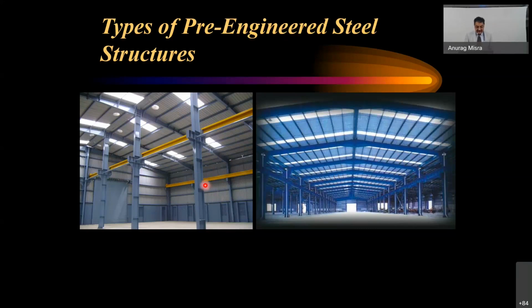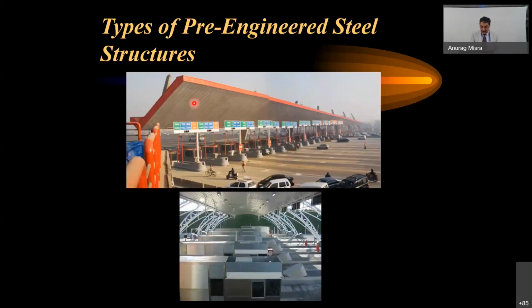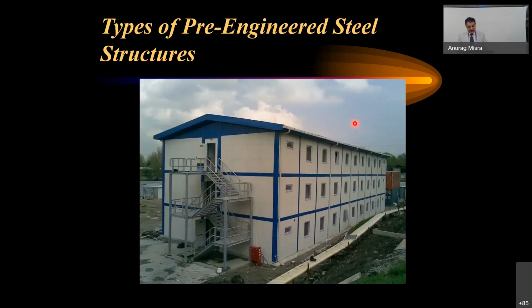Industrial sheds where you have beams, columns, components fabricated and then erected at site. Then you also have some structures which are envisaged and created from components assembled to create a good aesthetic view, and some toll plazas, also residential structures, and these are increasing in India now.